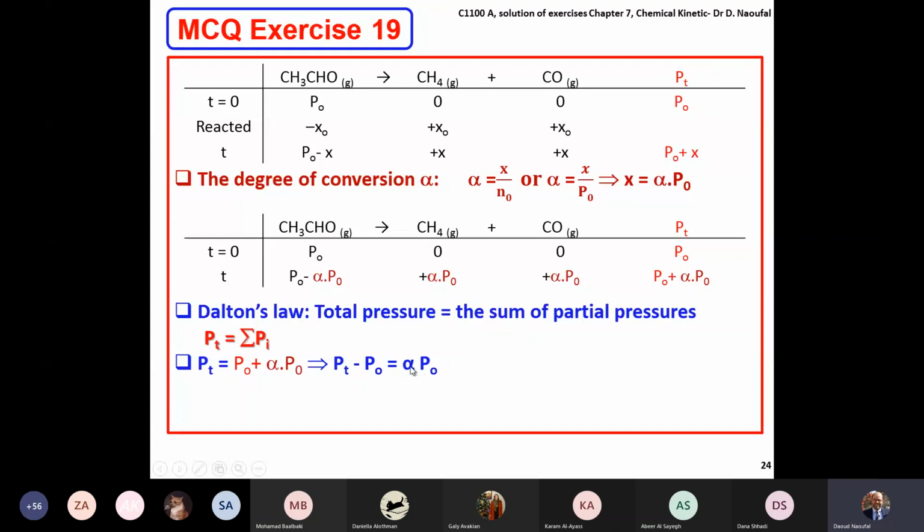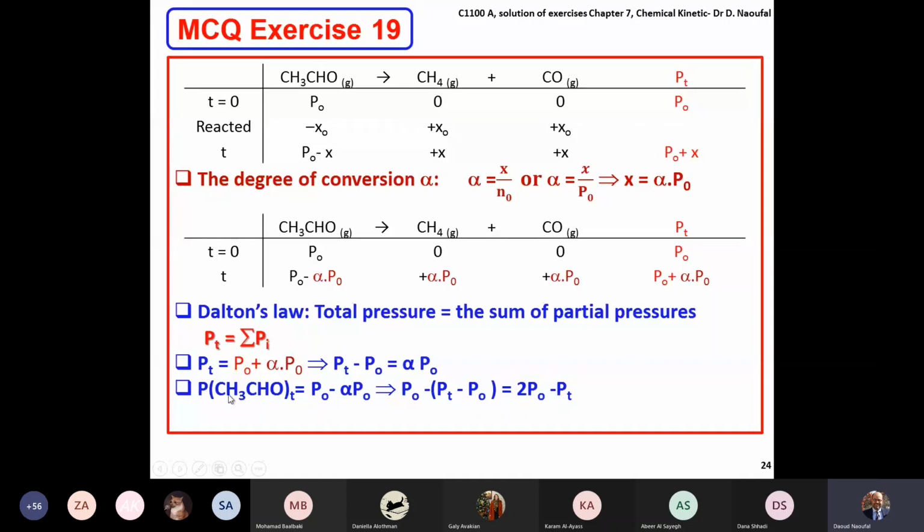We replace alpha P0 by its value and we obtain the variation of the pressures as a function of P total and P0. So the pressure of CH3CHO at time T equals P0 minus alpha P0, which equals P0 minus (P total minus P0), so equal to 2P0 minus P total.